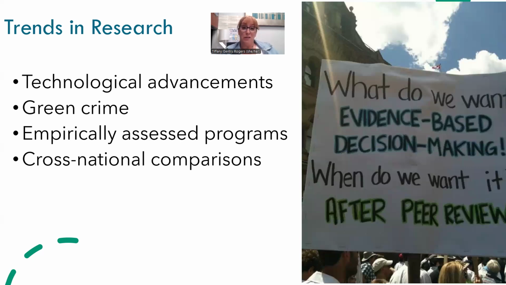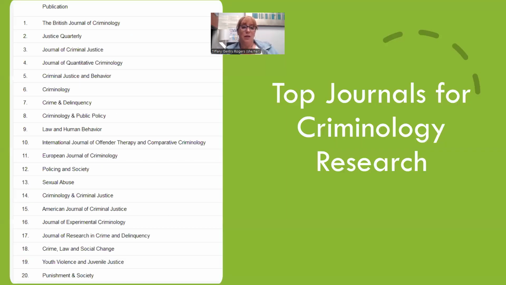culturally, geographically, and temporally. When we look at the top journals for criminology, this is from a while ago. It changes all the time, but this is just generally how they're ranked. There is a lot of contention about whether these are good or not good. But for your purposes, when you see something that comes from one of these top 20 or 25, that's great.